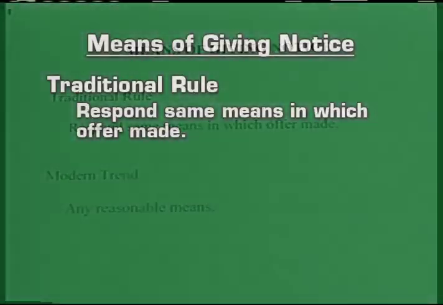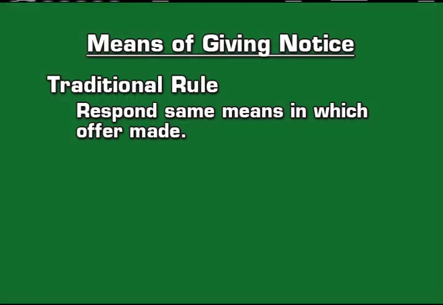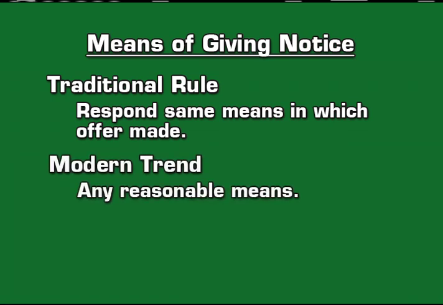Let's talk about the means of giving notice. When contracts are concluded by correspondence, the traditional rule is that the offeree must respond in the same way the offer was made. In other words, if the offer is sent by mail, the acceptance must be by mail. The modern trend you need to know is that we have deviated from the strict rule towards a rule that says any reasonable means of communicating acceptance is valid, as long as it will get there as fast.